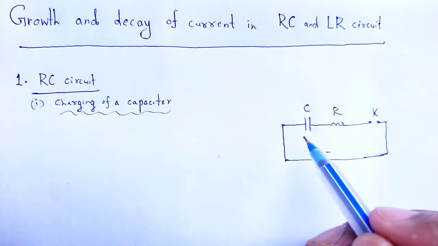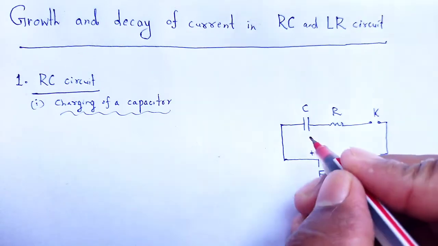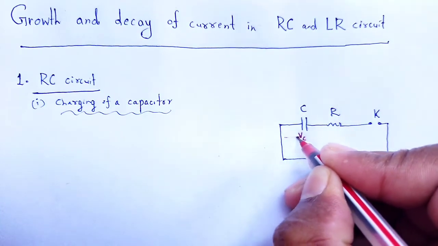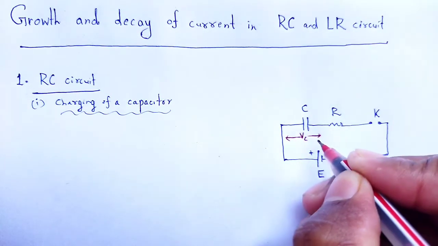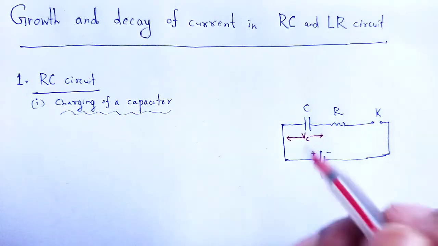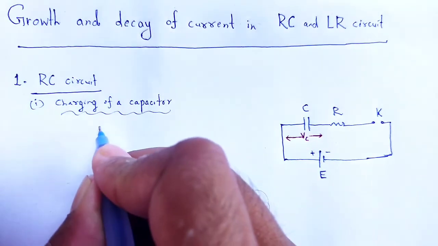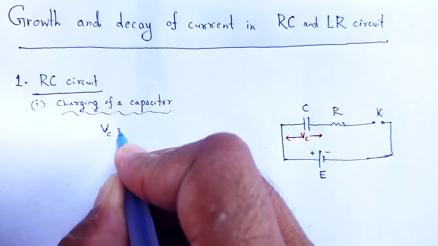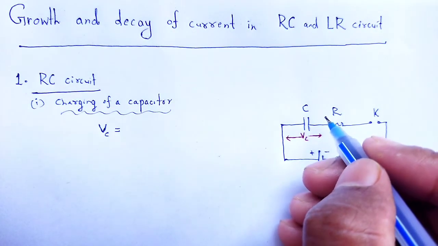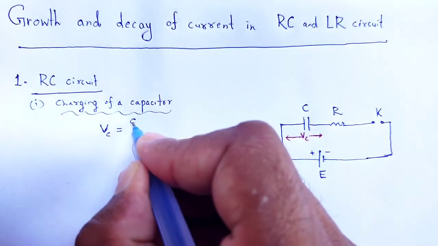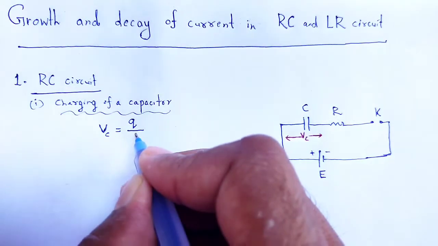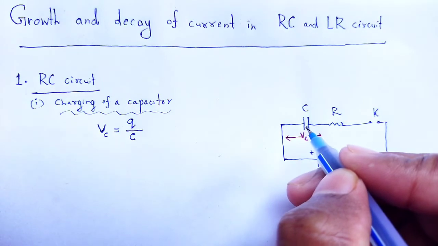A potential difference, that is potential V of C, potential across the capacitor is set off, and that V of C is equal to, let Q be the charge at that instant, divided by C, the capacity of that capacitance.